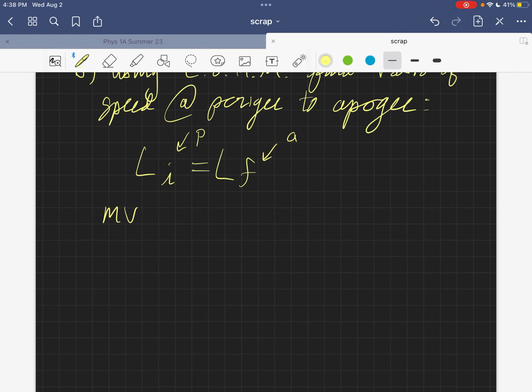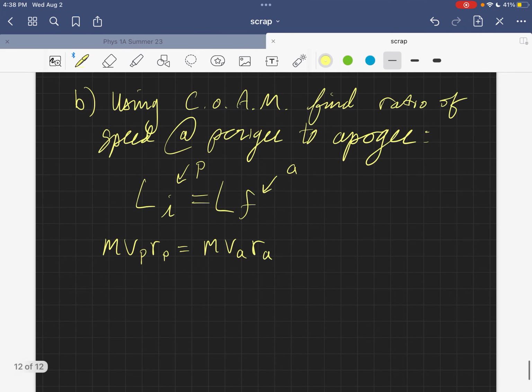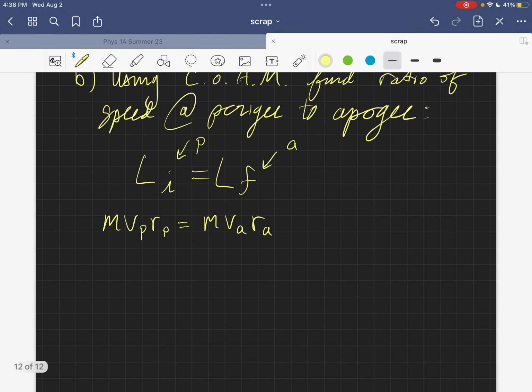We're just going to approximate the spacecraft as a point mass, so I can just be MR, all right? But this would be M VP RP is equal to M VA RA. So perigee to apogee means top over bottom. So velocity of perigee over velocity of apogee is equal to the radius at apogee over the radius at perigee.